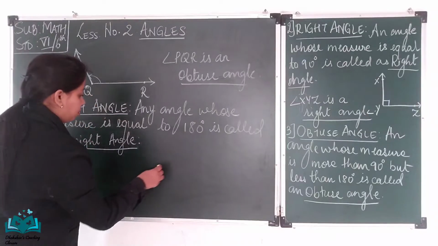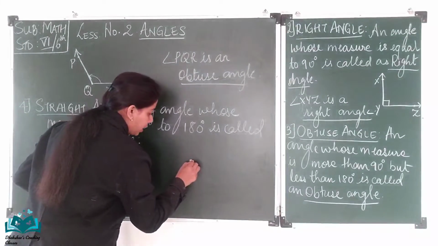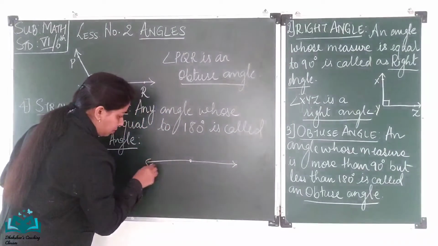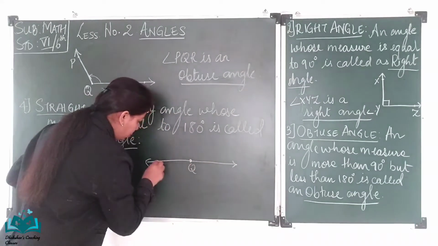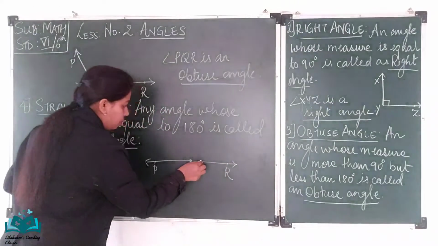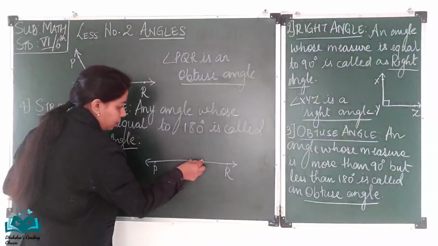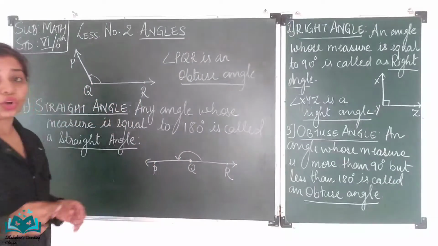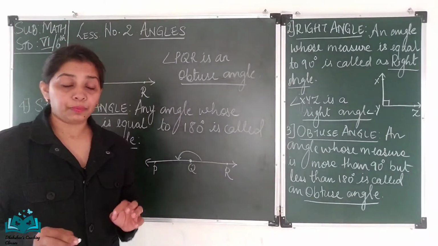I draw the straight angle. Q, P, R. The same angle. This is your 180 degree.